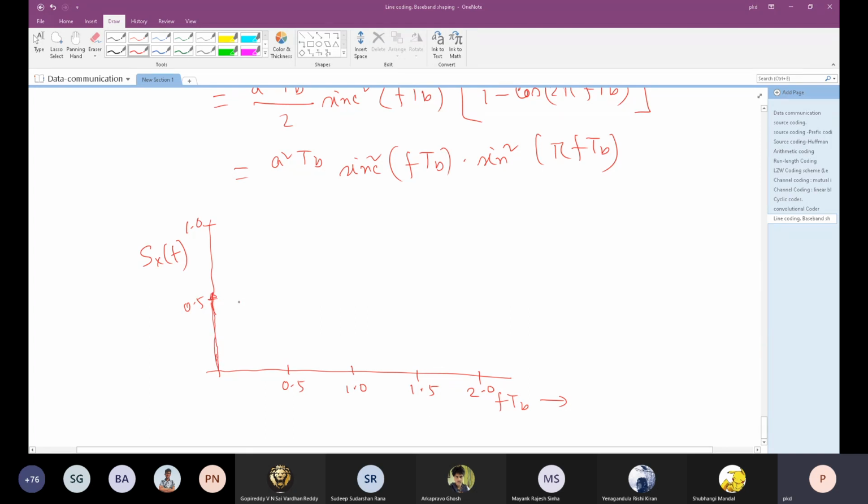And then, because of the square, basically it is sin square. So that's why there is no negative term. Only positive terms will be there.